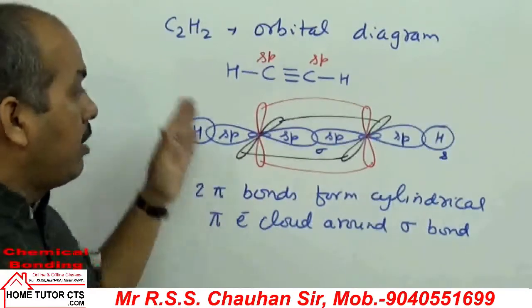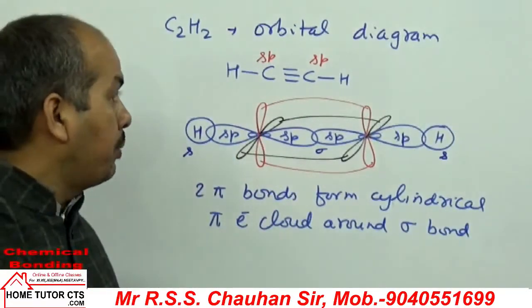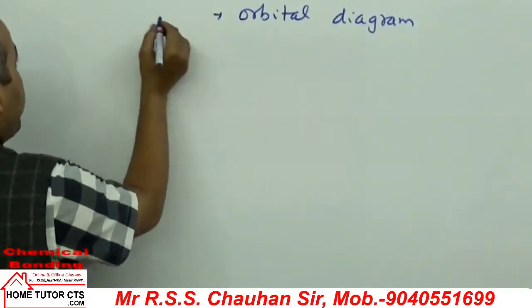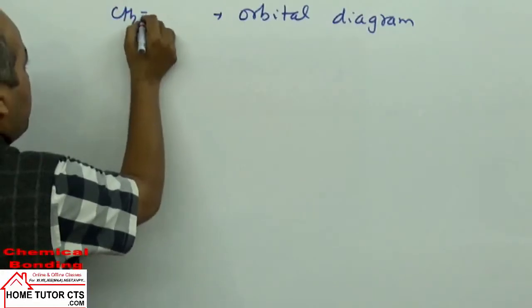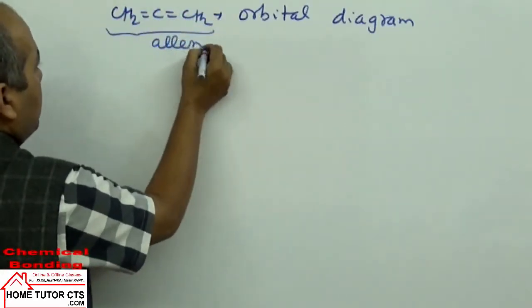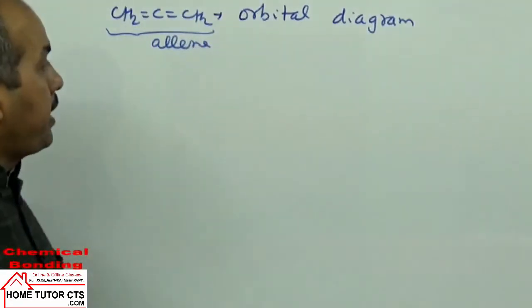Now one more diagram we will draw here is the allene system. In the allene molecule, the orbital diagram, if I take allene C3H4 or CH2=C=CH2. In allene, how to draw the orbital diagram?